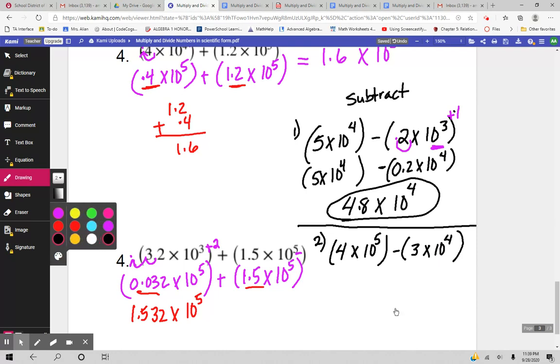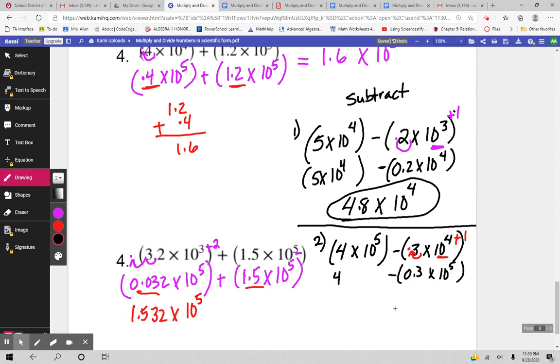So we need matching powers. So add 1 here, because we want to match the higher power. So if we make this bigger by a power of 10, we got to make this smaller by a power of 10. So move the decimal 1 place to the left. And then we'll end up with 0.3 times 10 to the 5th power.